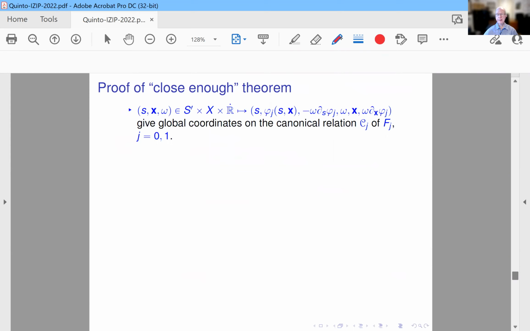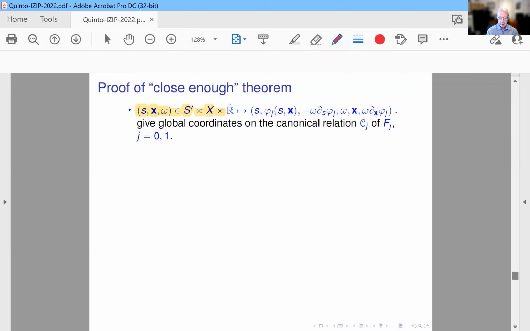Now, the proof of the theorem at the top of the page, namely, if the phi j are close enough, and one satisfies Volcker then the other does, goes like this. These phase functions are structured enough that we can use the same set of coordinates for both operators and both canonical relations.